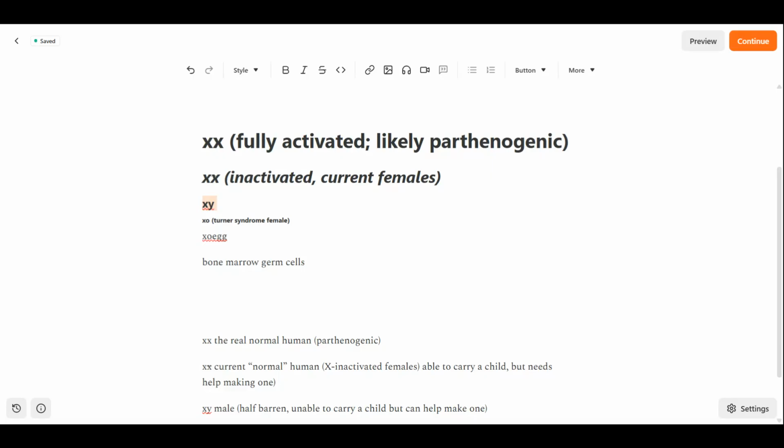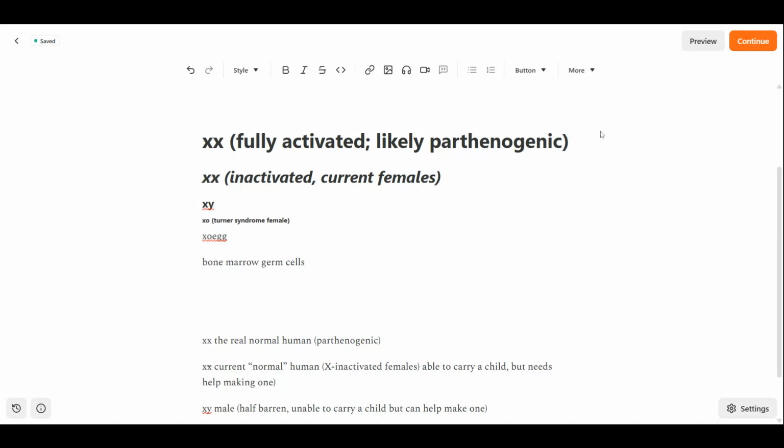And the Turner syndrome female is completely infertile because they don't have two X's. And the males, you have to understand that to produce something from your... hold on a second.